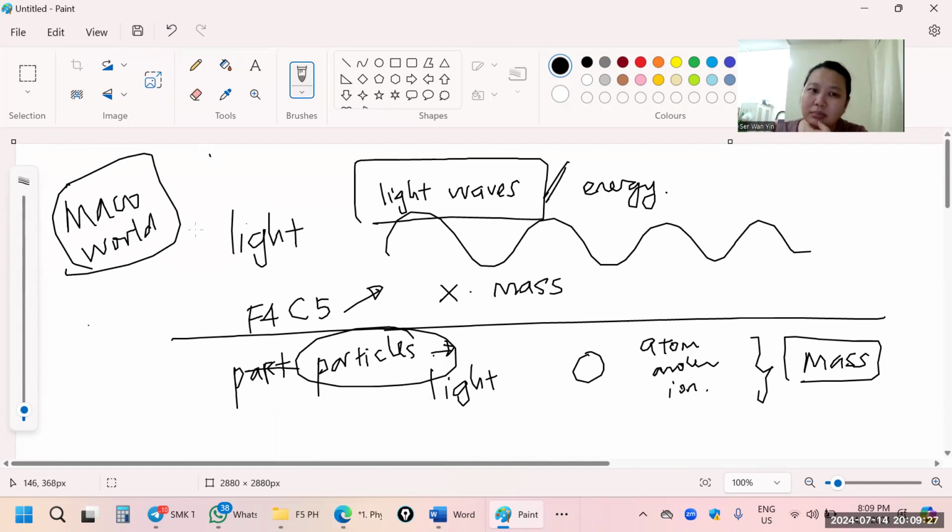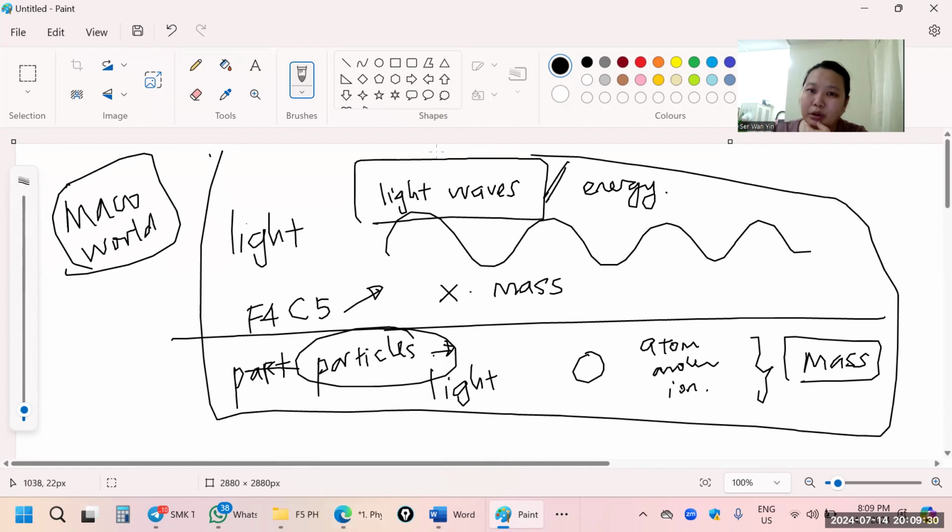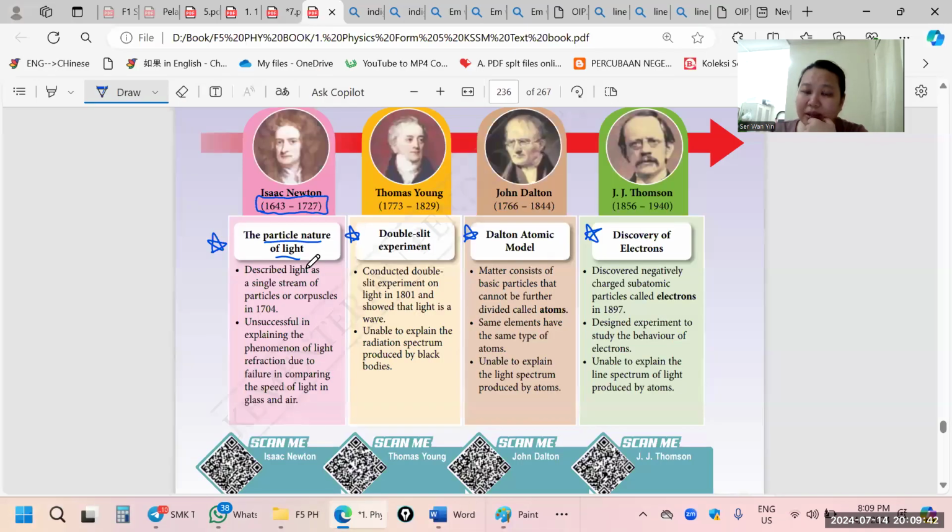But quantum, yes, talks about particles. And all of the rules from classical physics are not suitable to use in quantum physics. So at that time, he said light is like particles that have mass.